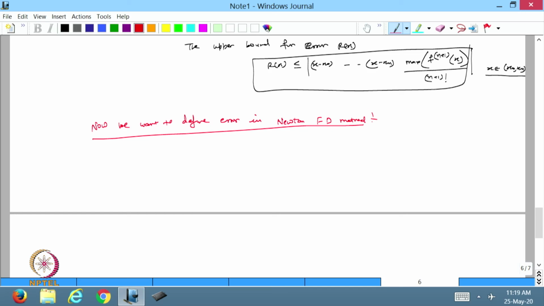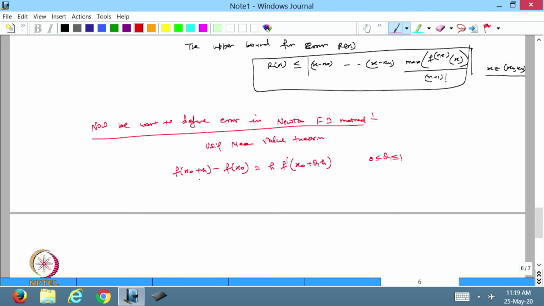The same thing will be there, only thing is that I have to change my function f n plus 1 with the finite difference operator. So, using the mean value theorem, I can write f x naught plus h minus f x naught, which can be represented by h f dash x naught plus theta 1 h, where theta 1 I can choose between 0 and 1.